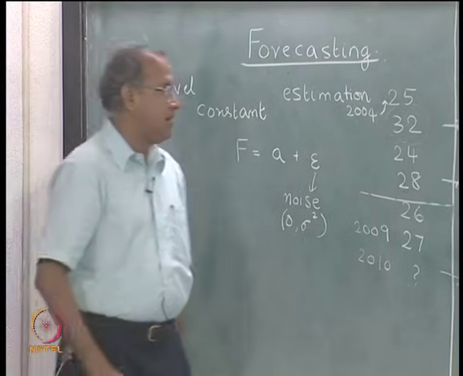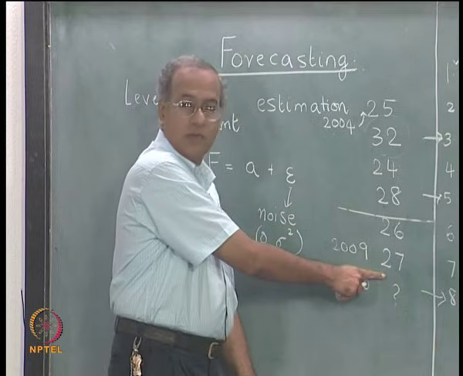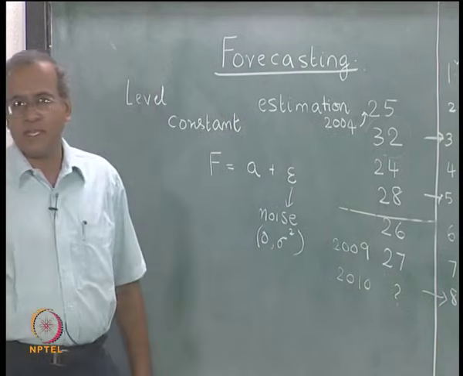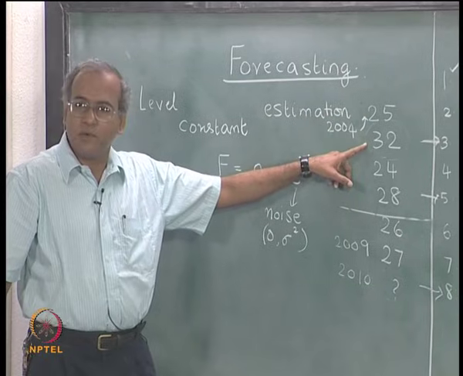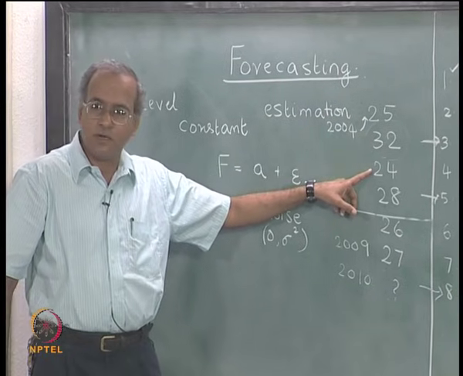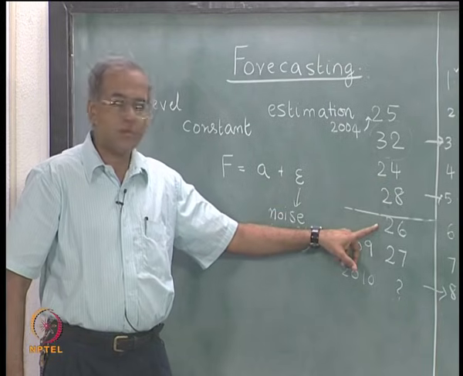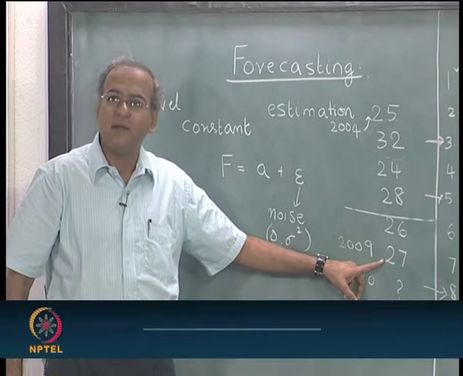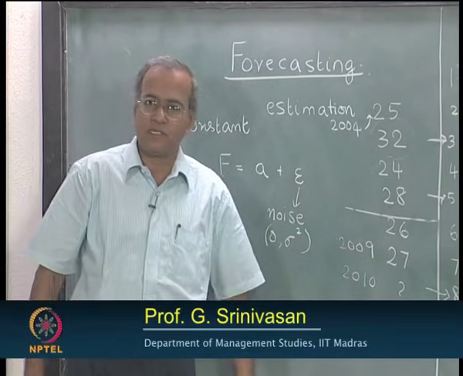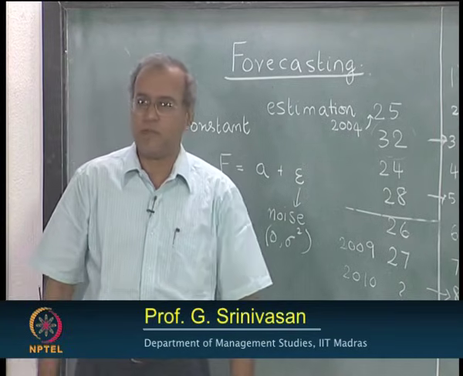For example, if we give weights W1, W2, W3, W4, W5 and W6, then the weighted average will be 25 into W1 plus 32 into W2 plus 24 into W3 plus 28 into W4 plus 26 into W5 plus 27 into W6, divided by W1 plus W2 plus W3 plus W4 plus W5 plus W6.